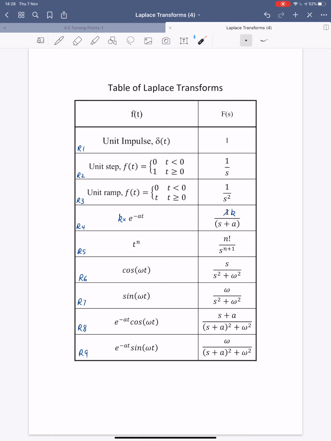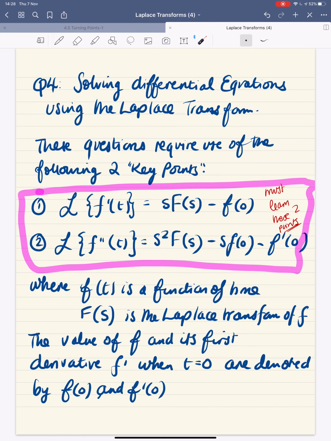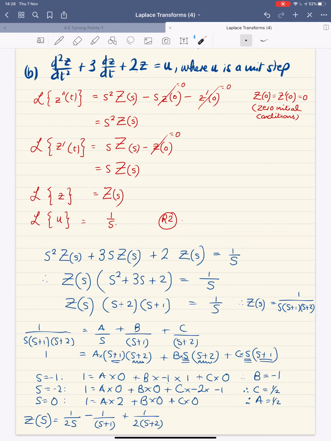And then the last one is a half of 1 over s plus 2, so it's going to be one of these again. It's a half of the k, 2 there, where the a is. So we use row 2 and row 4. Let's go forwards here. So that one uses row 2, and these two use row 4.